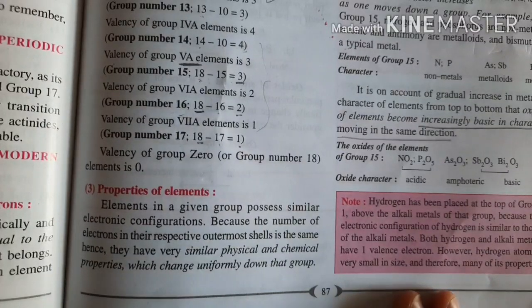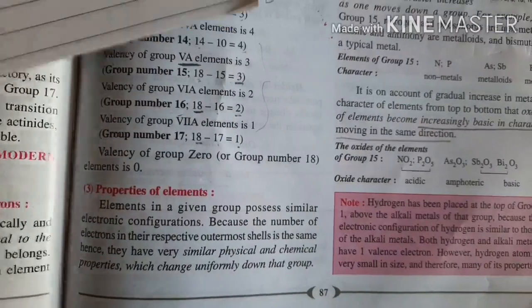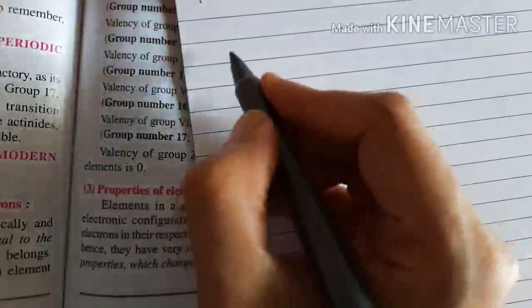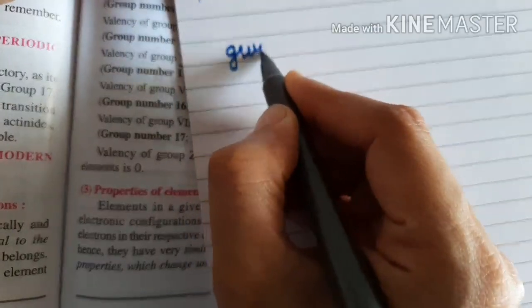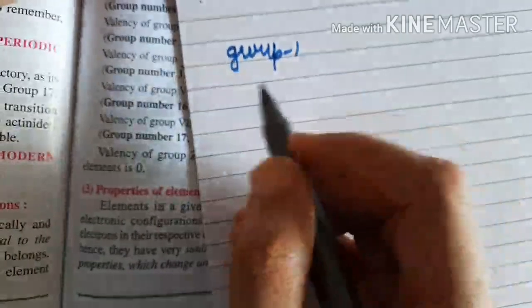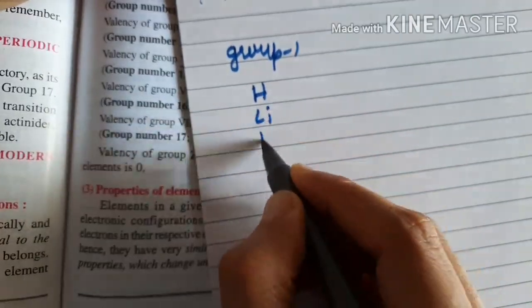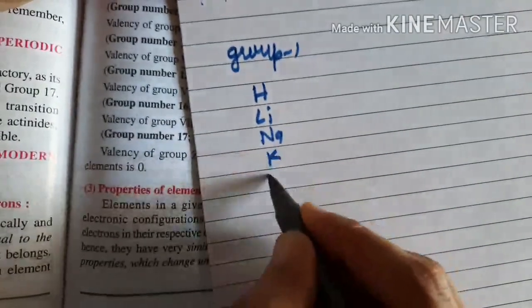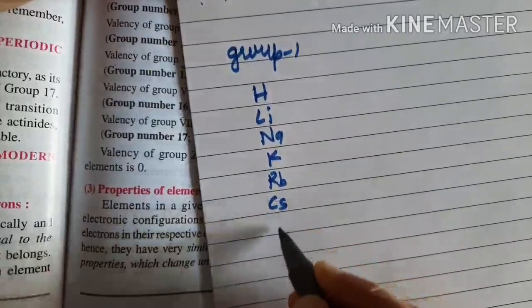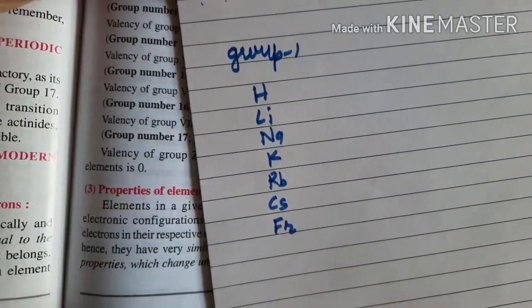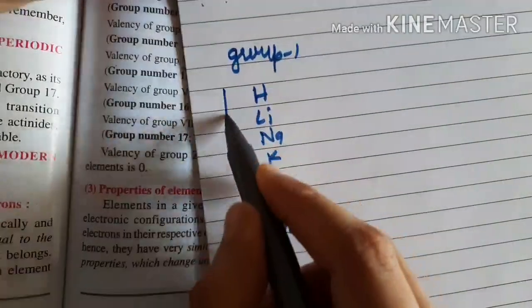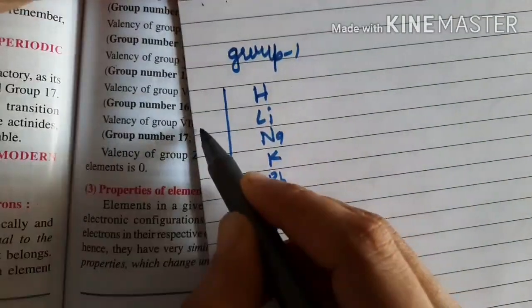So in group 1: hydrogen, lithium, sodium, potassium, rubidium, cesium and francium. So this is called going down a group.